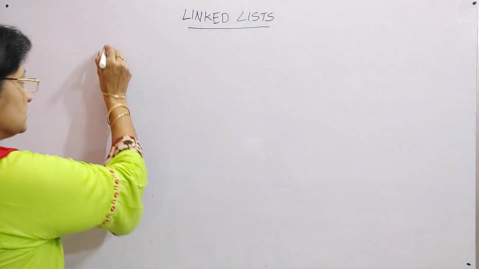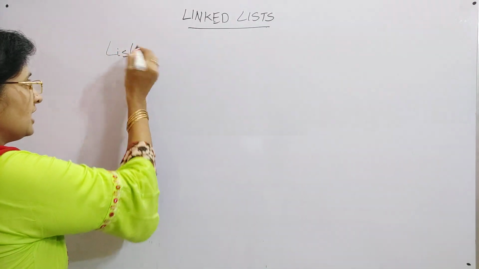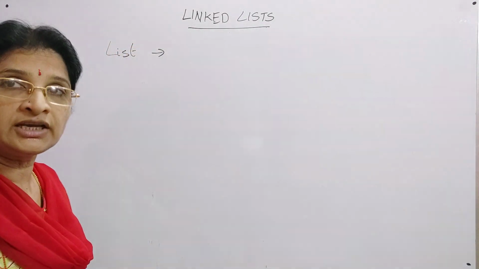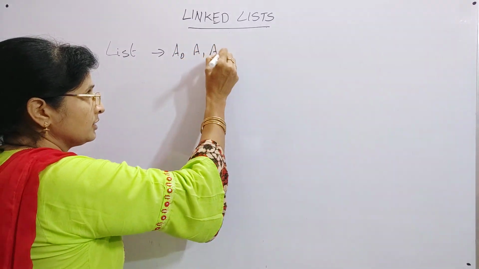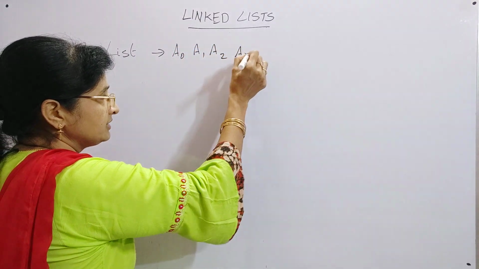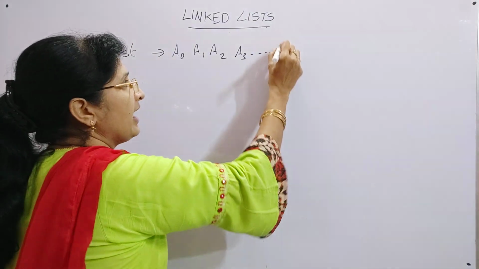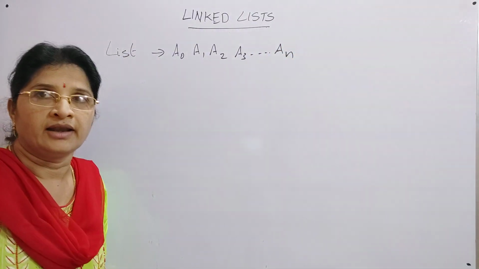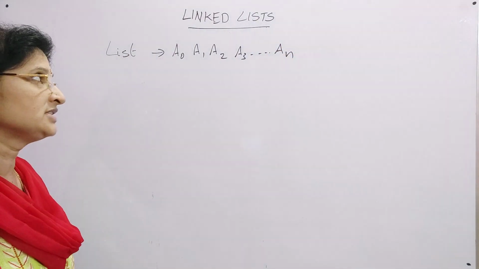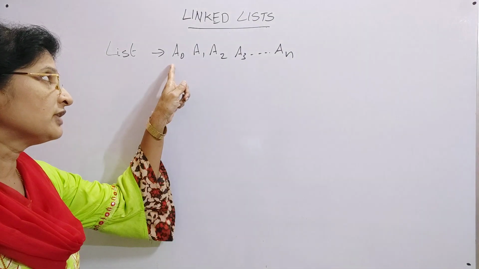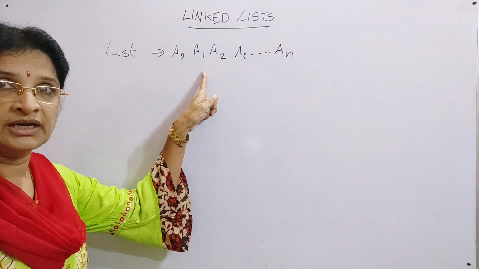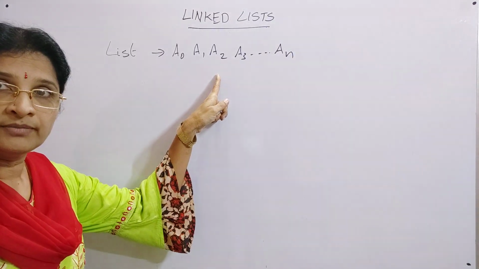Whenever we say a list, it means a sequence of elements. For example, A0, A1, A2, A3, and so on, with a number of elements n. So in the list, the first element is linked to the second element, and the second element is linked to the third element.